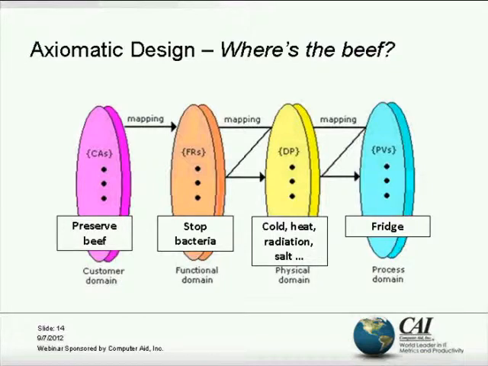Axiomatic design says, no, let's stop, let's change this thinking process as we analyze problems, and let's pass through intermediate domains and populate them. The intermediate domain here, the functional domain, what do I want to do? I want to preserve beef. How can I do it? The function here would be stop the growth of bacteria. There might be several functions actually.